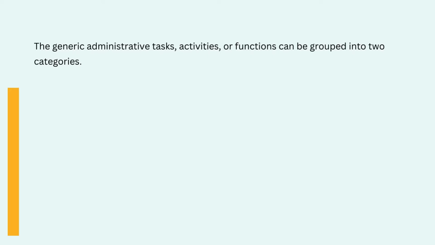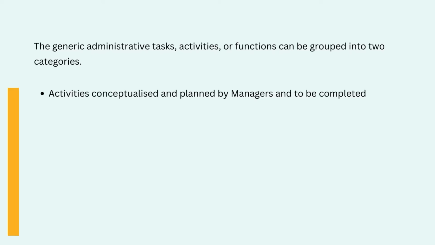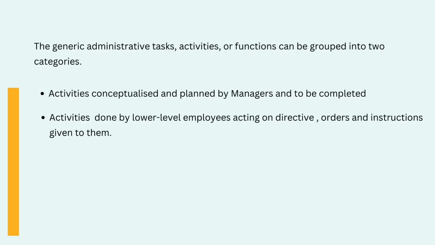The generic administrative tasks, activities, or functions can be grouped into two categories. Activities conceptualized and planned by managers and to be completed, and activities done by lower-level employees acting on directives, orders, and instructions given to them.